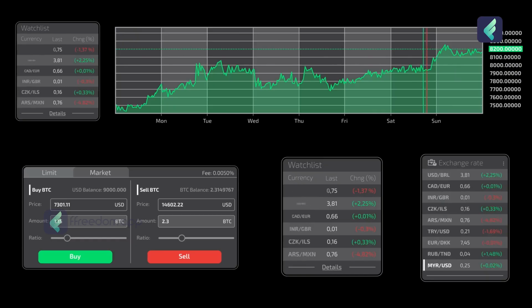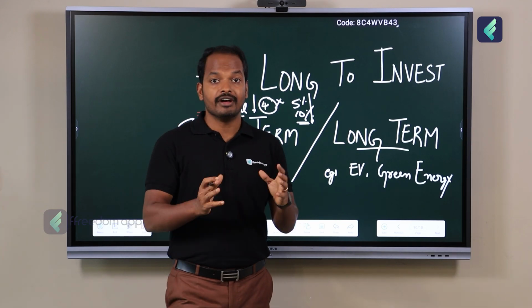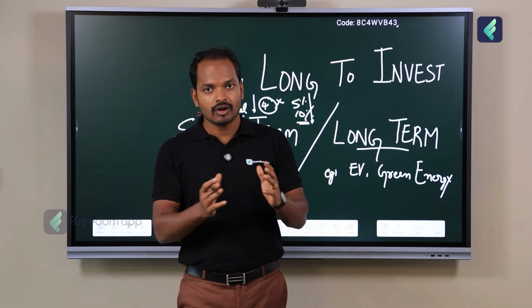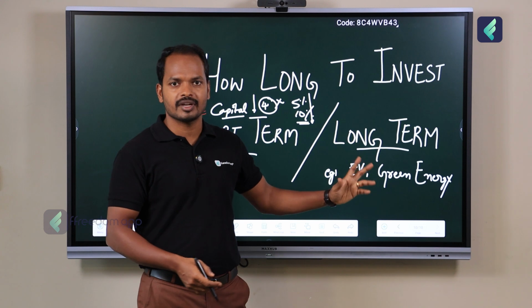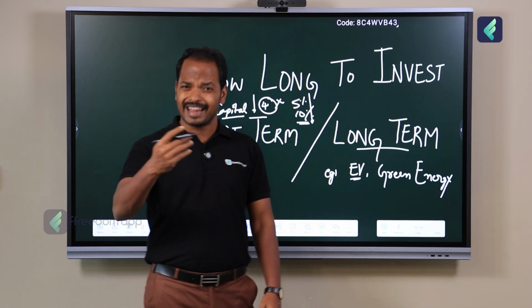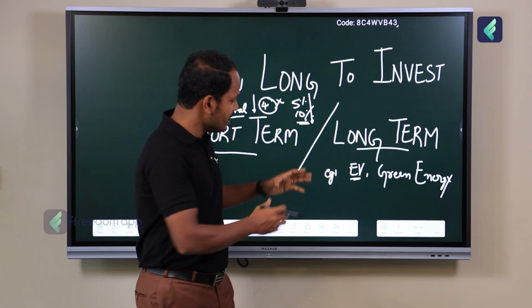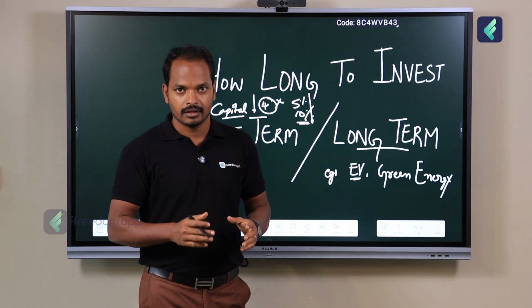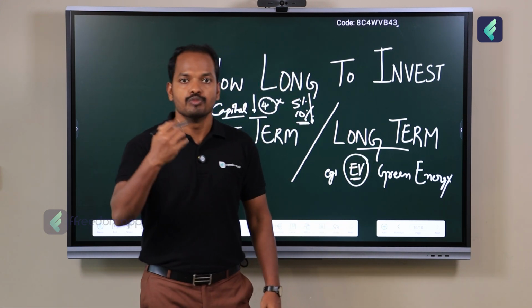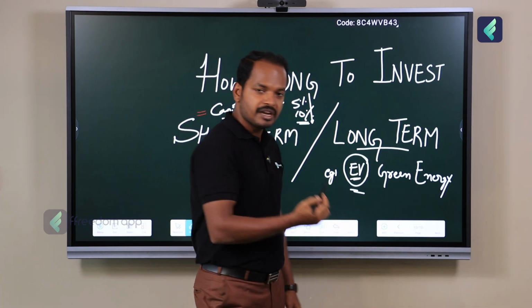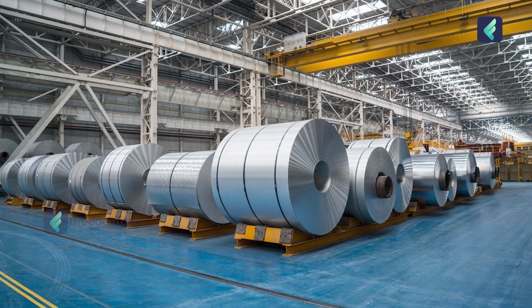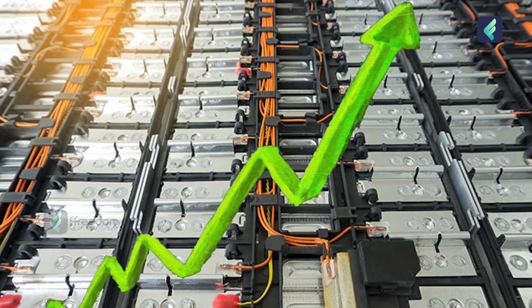But if you are trying to enter the market now, you should be capable of choosing futuristic stocks. For example, and I'm just giving this as an example, it's not an investment recommendation. If there is some policy against diesel and petrol usage, and EV takes the front seat for commuting, if there is a boom for EV vehicles, there will be a demand for semiconductor chips, aluminium, and battery stocks.